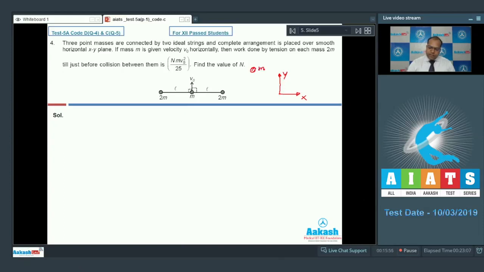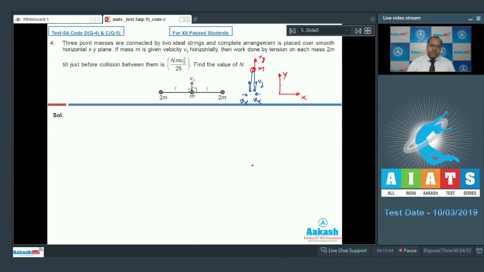The mass m is here and it is moving in the vertical direction with some velocity Vy, and the two other masses are something like this and their velocities are Vy in this direction and let Vx in this direction.